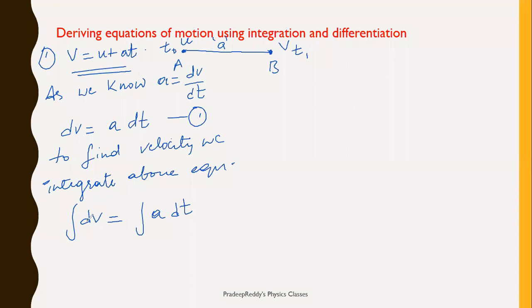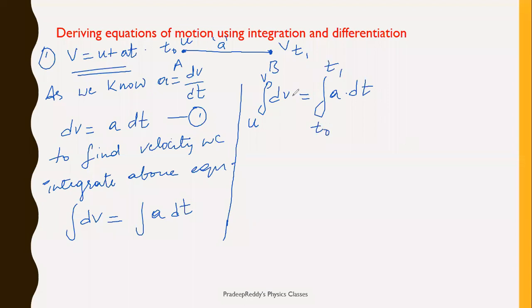Now initial velocity is u, it is changing to v. I will use those limits. So integration dv, from where to where is velocity changing? It is changing from initial velocity u to final velocity v. This is equal to integration a, the instantaneous acceleration, dt, and time is also variable. Time is varying from t0 to t1.